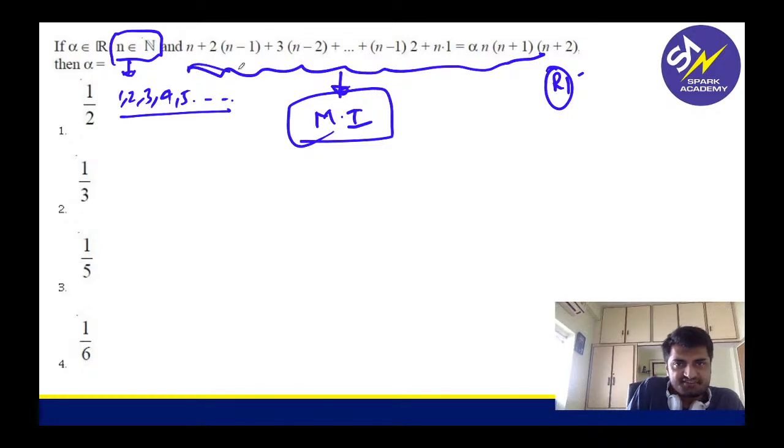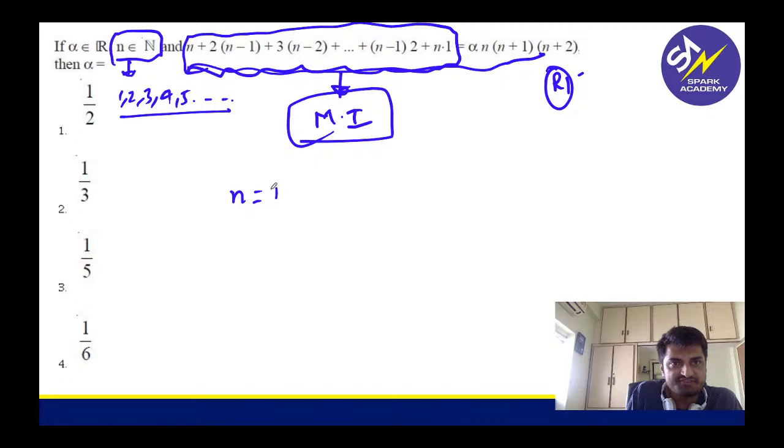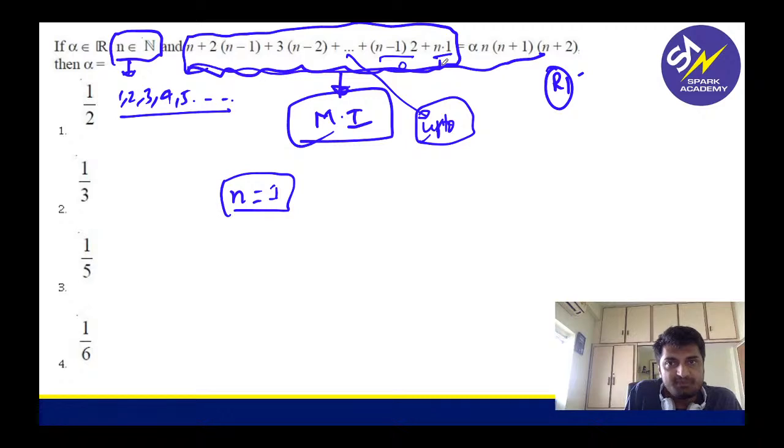This is like a series, guys. It looks like a complicated series, but all said and done, it is a series. So what can I do here? I can give n value as 1. If you give n value as 1, what is happening? This is becoming 0, this is becoming 1. What does this mean basically? This means it is up to 1. That means what?